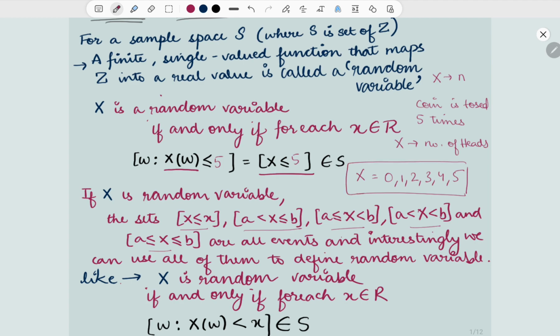I hope you understand what a random variable is and what its definition means. Because sometimes a question is given in such a format and the student is not able to understand the question properly. So you must know the correct interpretation of this notation.